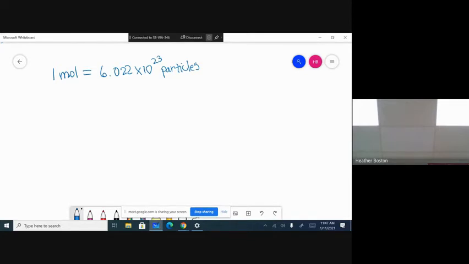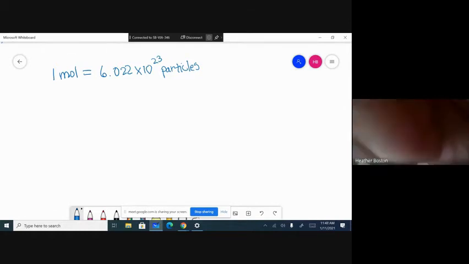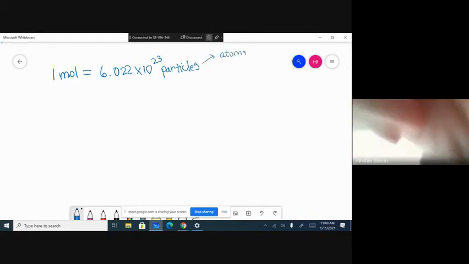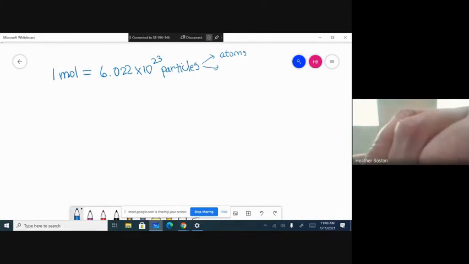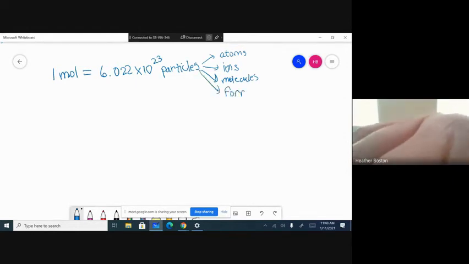So you need to make a note for yourself. 6.022 times 10 to the 23rd only goes next to particles, which are atoms, ions, molecules, or formula units. For our purposes, you are never going to put the word gram or mole next to this.